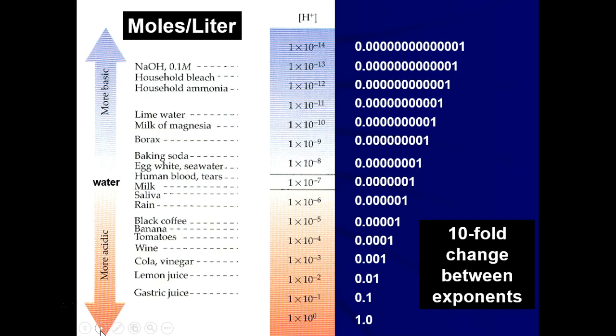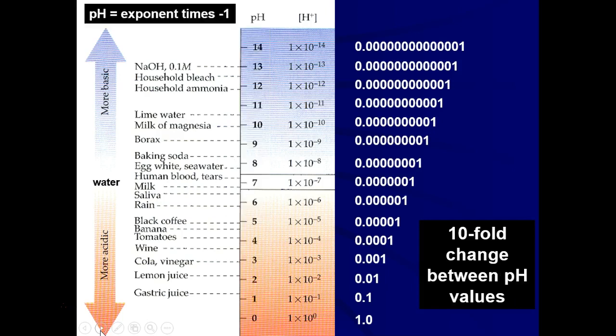What he did was change the scale. He created something that we use to measure hydrogen ion concentration. He created what we call the pH scale. So instead of saying that water has a concentration of 10 to the minus 7th, now we just say water has a pH of 7.